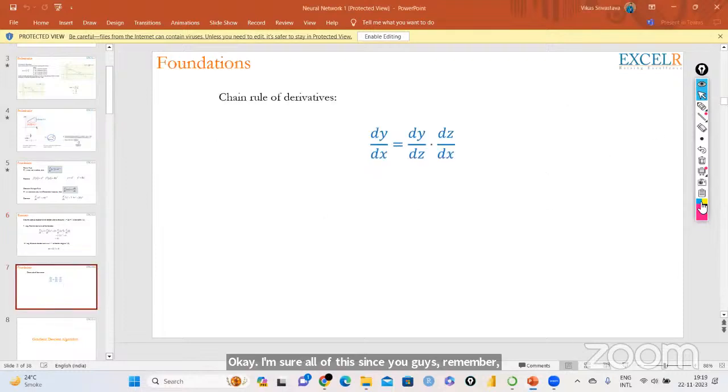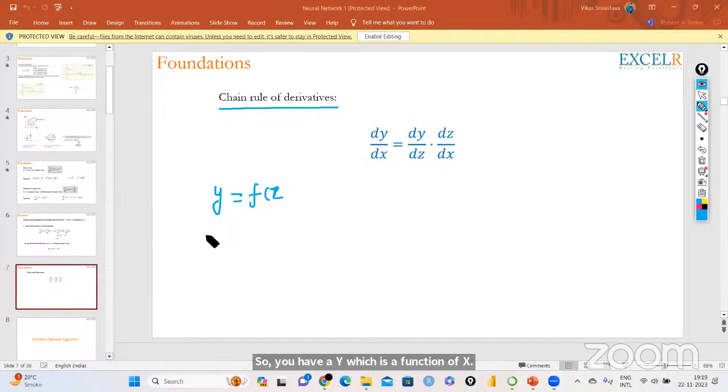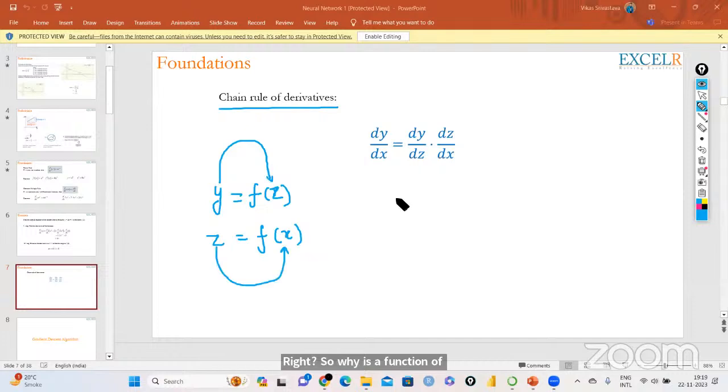There is one very important rule in calculus, which we call the chain rule of derivatives. So what is this chain rule? Let's suppose y is a function of z, and z is a function of x. And let's suppose I want to calculate dy by dx, that means the differentiation of y with respect to x.